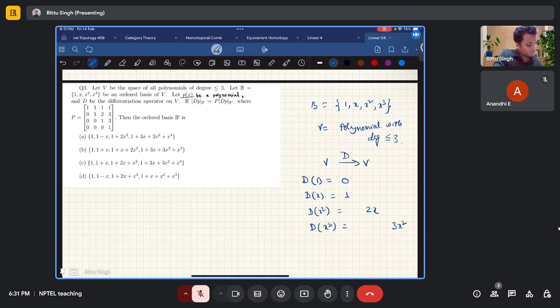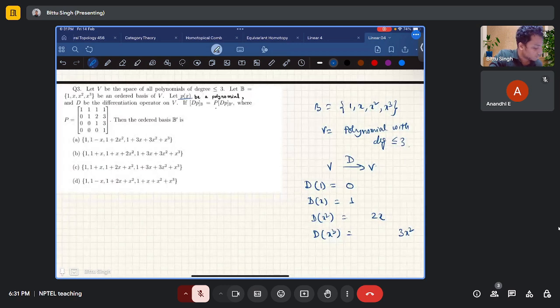Now, D applied on P, its coordinate with respect to B, is the same as the change of basis matrix P times the coordinate of D applied on P with respect to B dash. We have been given two coordinates and there is a relation between them. This coordinate is given by P times the coordinate with respect to B dash, and this P is also given.